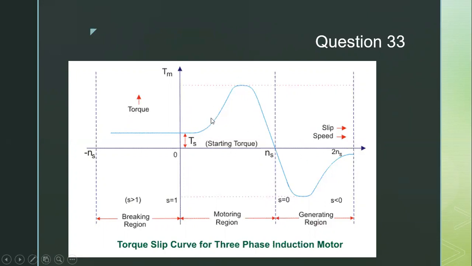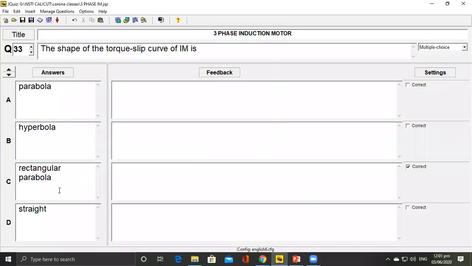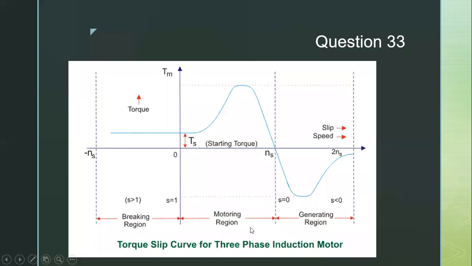This shape is almost the same as a rectangular parabola. So the answer will be rectangular parabola, not hyperbola. Torque slip characteristics is an important question.